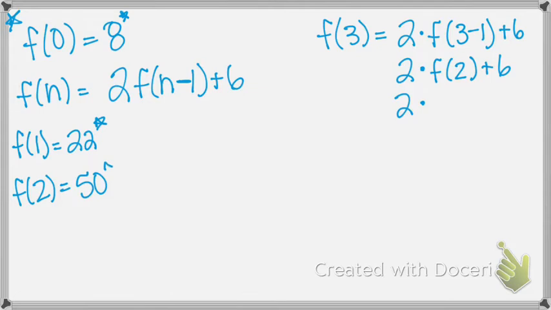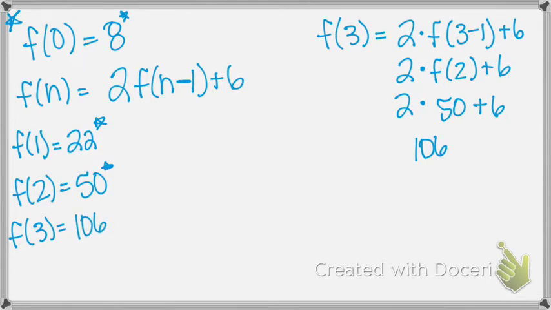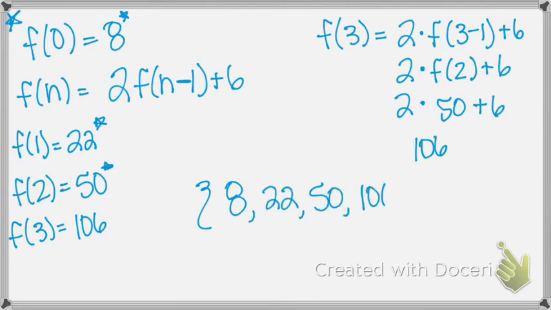Well, f of 2 was 50. 2 times 50 is 100 plus 6 is 106. So f of 3 equals 106. So now we have a set of numbers: 8, 22, 50, and 106.